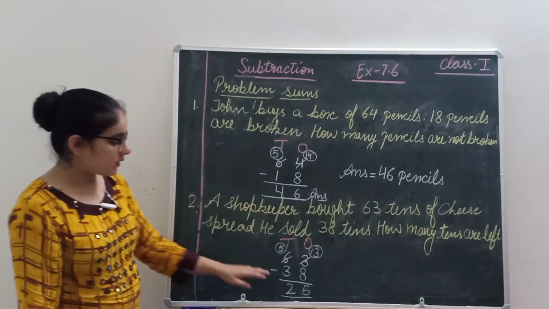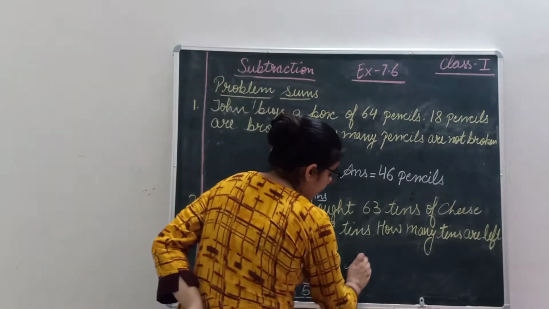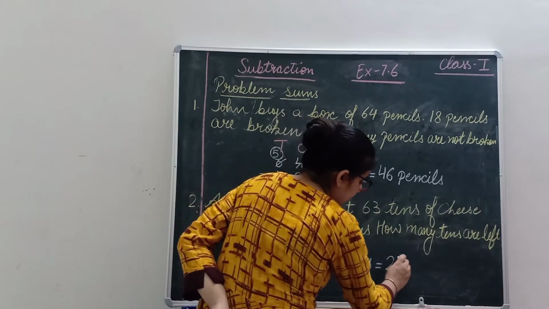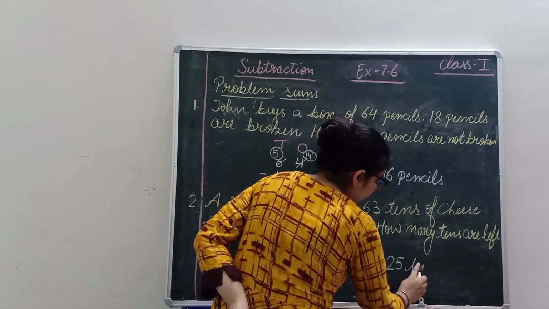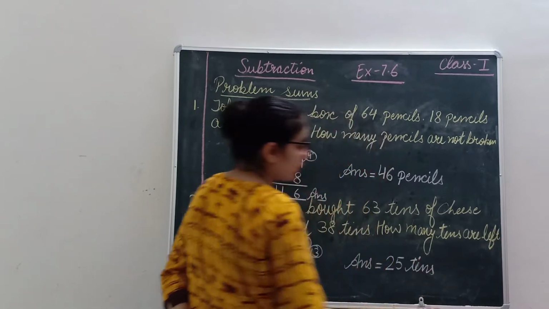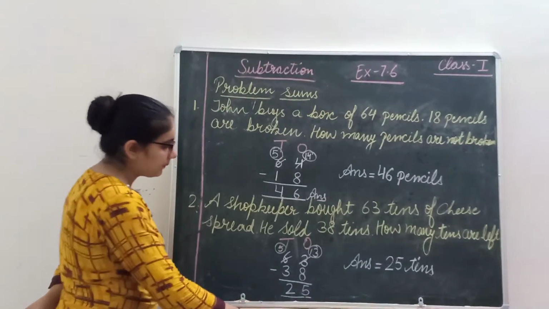Clear? So answer is 25 tins. Right here answer is equal to 25 tins that are not sold or that are left with shopkeeper.